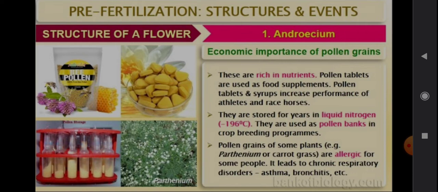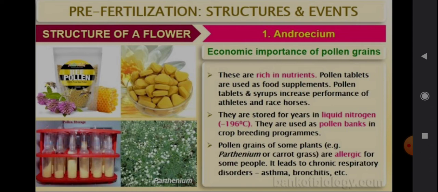Instead of taking some heavy food, they will take these tablets, so that they will get enough proteins, rich in proteins. And these pollen grains can be stored for years together. Hence they are used as pollen banks in crop breeding programs.